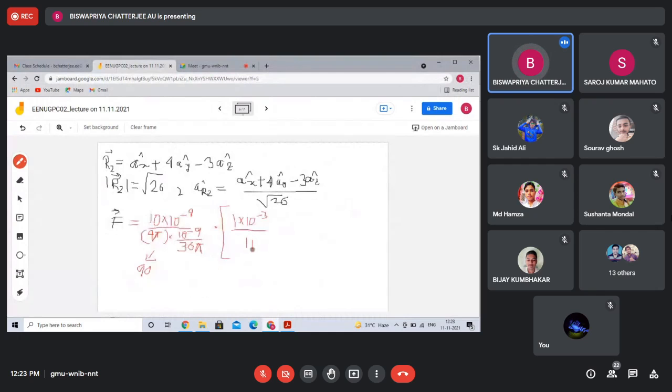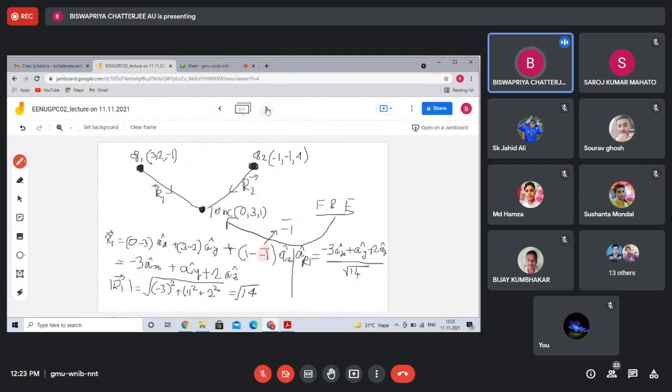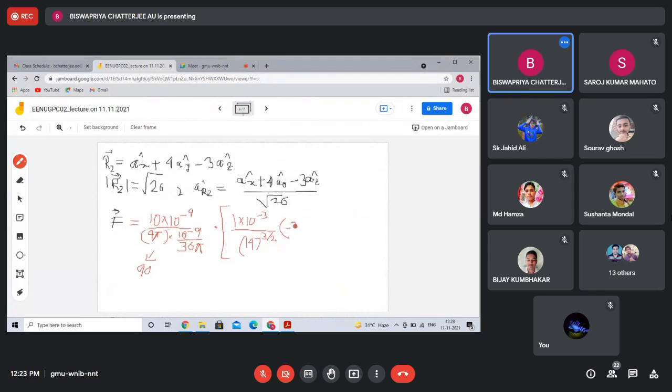So I am writing it as 14 to the power 3 by 2, and the vector minus 3AX cap plus AY cap plus 2AZ cap.